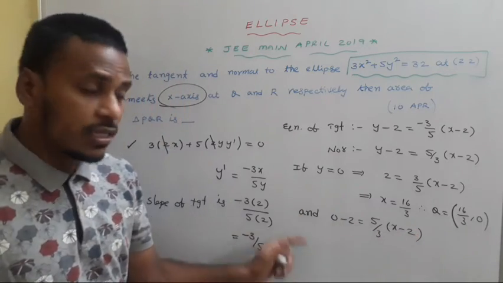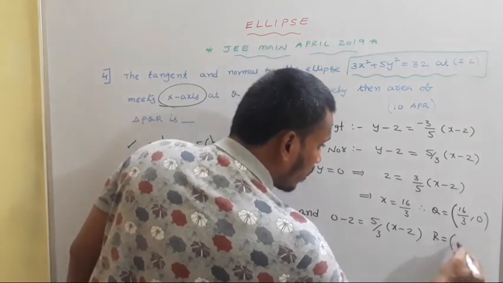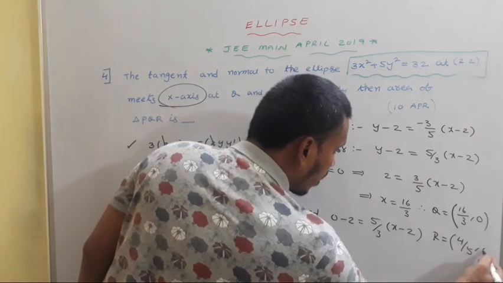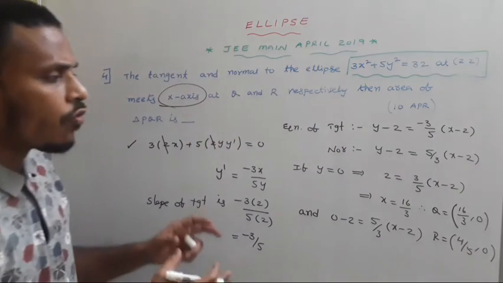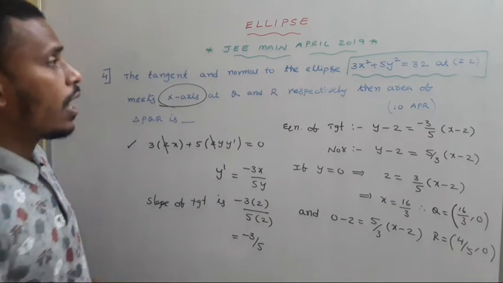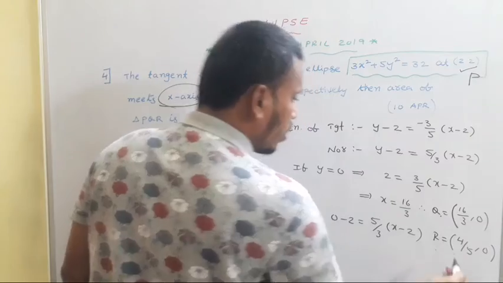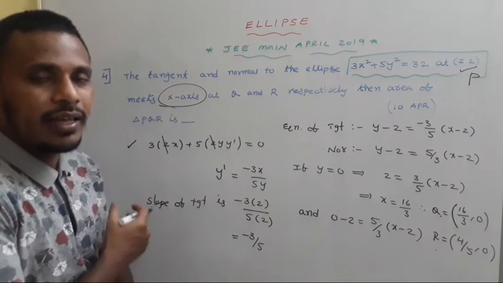So 10 minus 6 is 4, so 4 by 5. Our value is 4 by 5 comma 0. Now, having the coordinates of Q and R and the given point (2, 2), this is P, this is Q, this is R, we need to calculate the area.